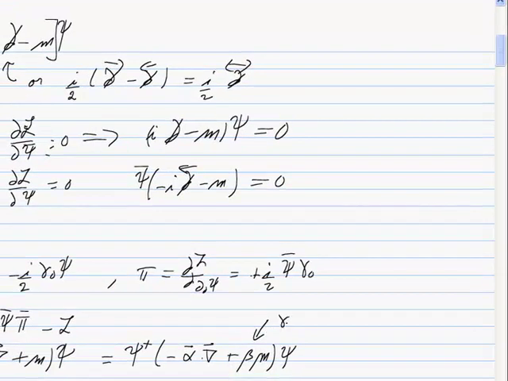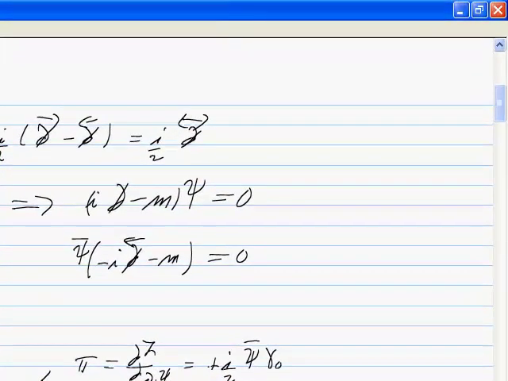So beta is just gamma 0, and alpha is gamma 0 gamma i. As I say, there's no particular point for us to do that here, but that's conventional notation when you first see the Dirac equation.